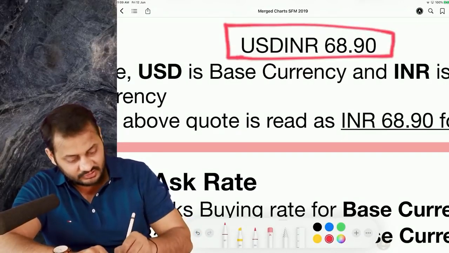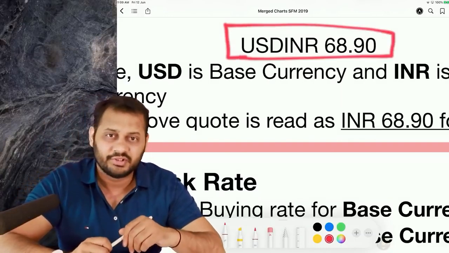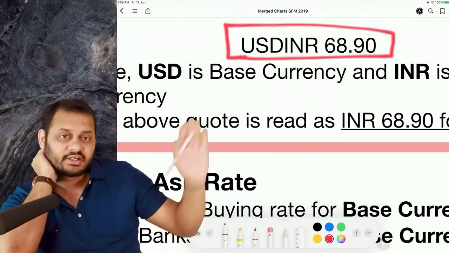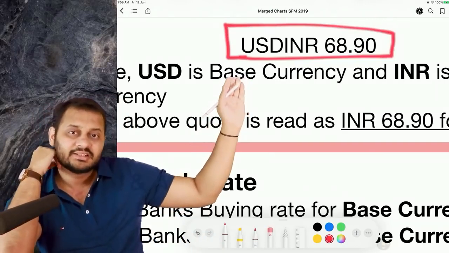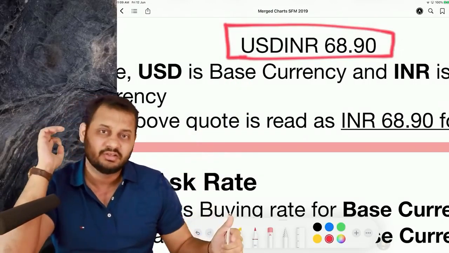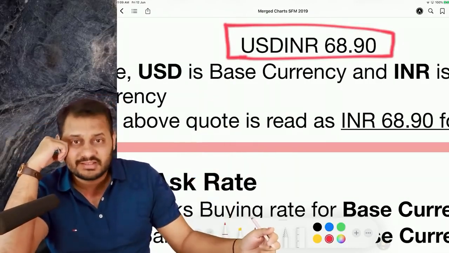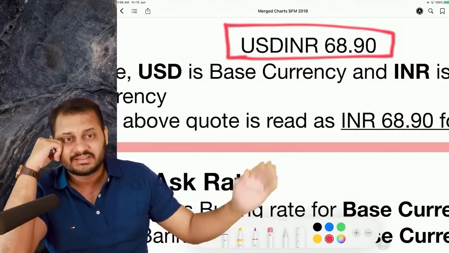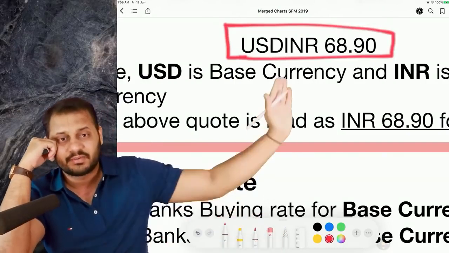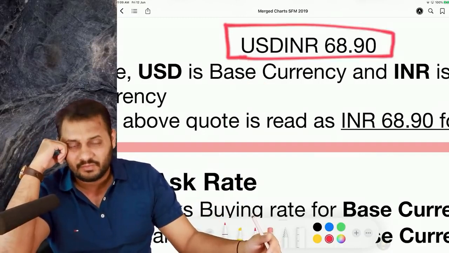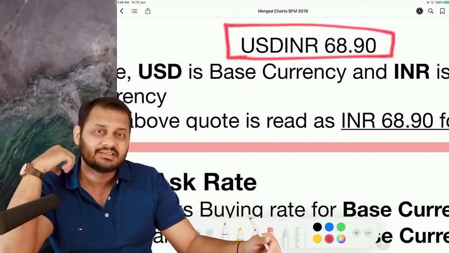This is a standardized form in which the exchange rates are quoted, in which the first three letters are termed as the base currency, US dollar. Then the next three letters represent the price currency, and 68.90 is the price currency for every unit of base currency. How are we supposed to read this exchange rate?